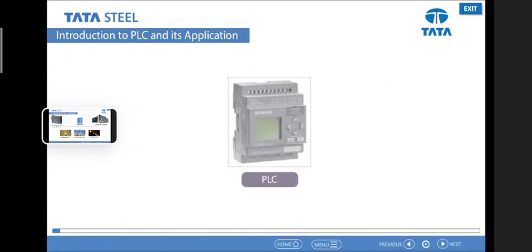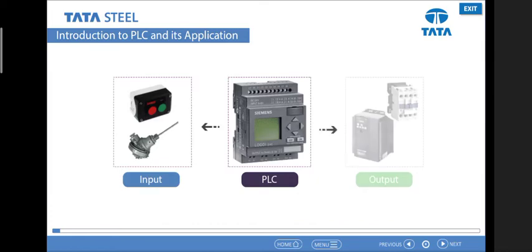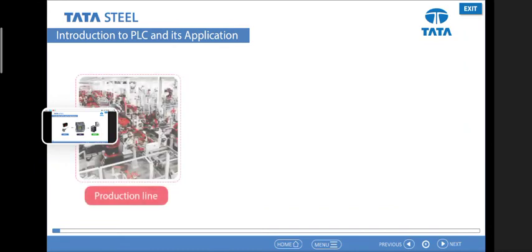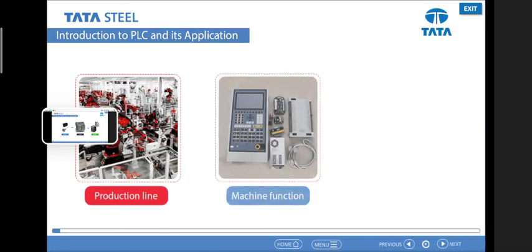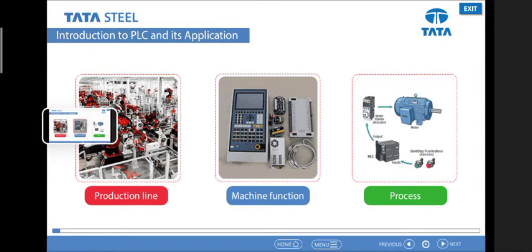PLC is a system that continuously monitors the state of input devices and makes decisions based upon a custom program to control the state of output devices. Almost any production line, machine function, or process can be greatly enhanced using this type of control system. Click Next to continue.